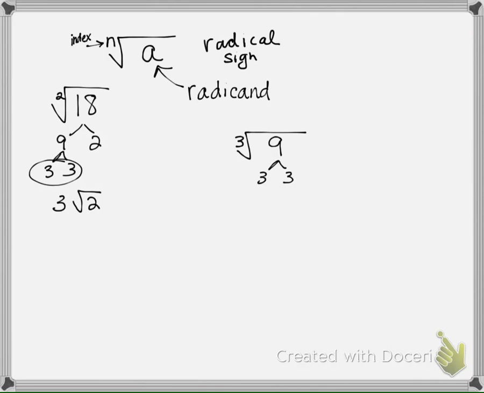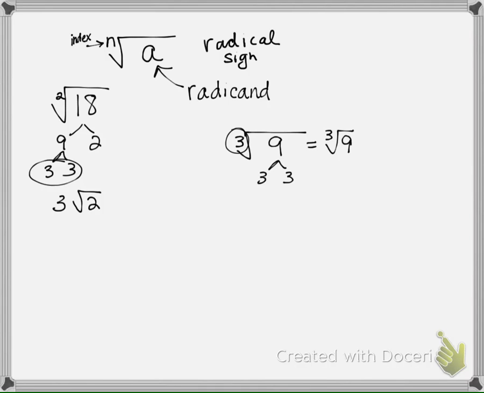Now, the index is a 3. The 3 index says we're not looking for pairs anymore. We're looking for sets of 3. Do I have a set of 3? No, I don't. I have a pair of 3s. That's not a set of 3, right? So that means I can't break this down. The cube root of 9 is simply the cube root of 9.